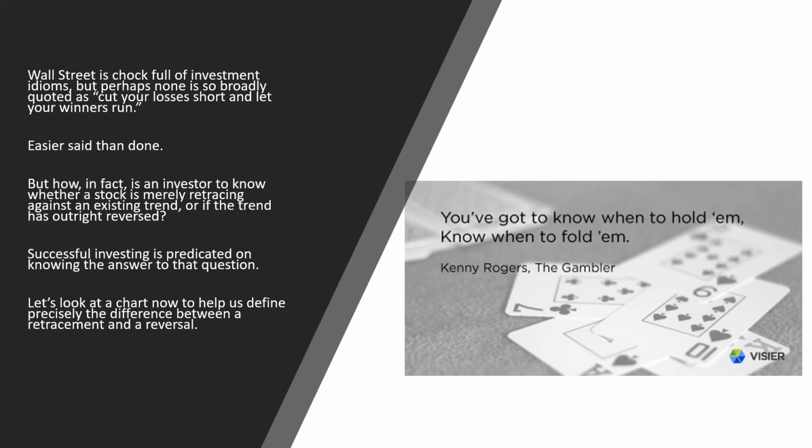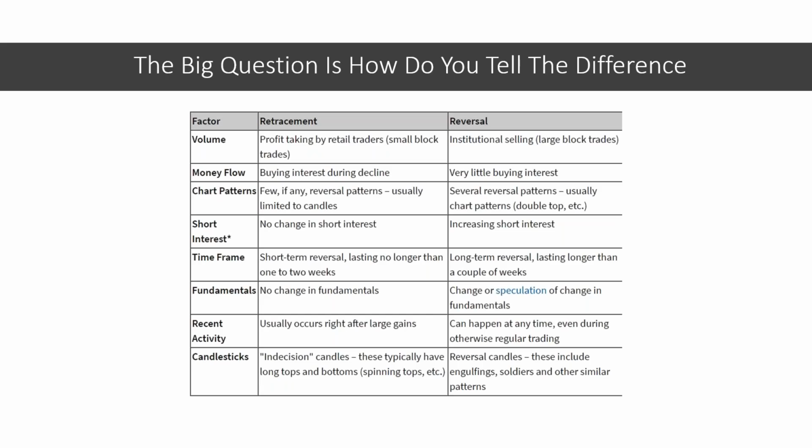So if an investor could know whether a stock or an asset is merely retracing against an existing trend or if the trend has outright reversed, successful investing is predicated on knowing the answer to that question. Now, the fact is there are some general rules, okay, to see the difference. It's very hard because they don't always fit.